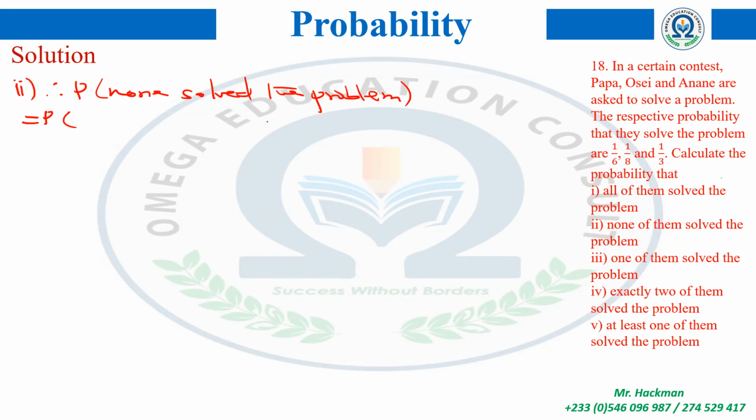Let's start with Papa. Papa is D, so it will be D bar. Ose is not able to solve, and we represented Ose by S, so S bar. Anani is not able to solve, and Anani solving is A, so not able to solve will be A bar, the complement. Is my point well made?